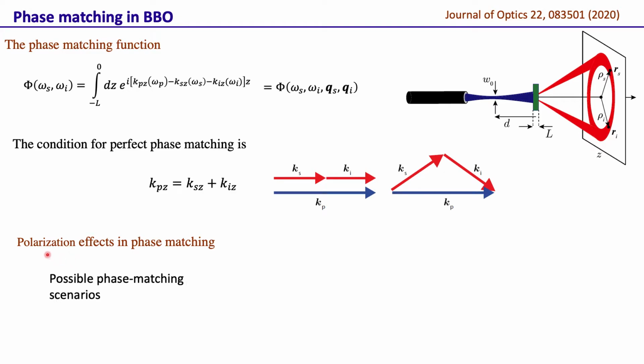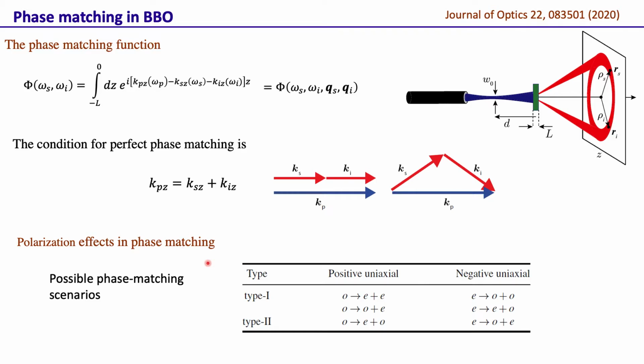So in parametric down conversion, the possible phase matching scenarios as far as polarization is concerned are listed here. There can be two types of medium or crystals, the positive uniaxial crystal and the negative uniaxial crystal.